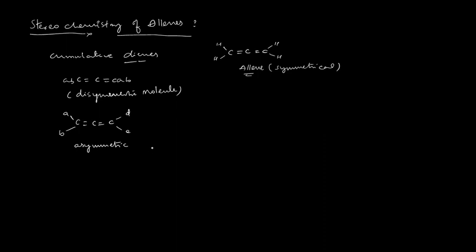One of the important properties of these allenes: all the carbons are attached in one plane, but of the four hydrogens, two hydrogens are arranged in a different plane.